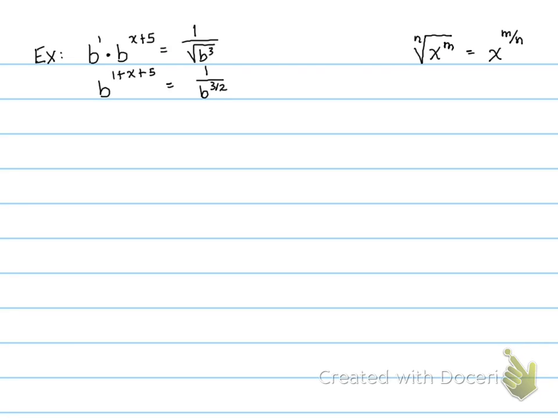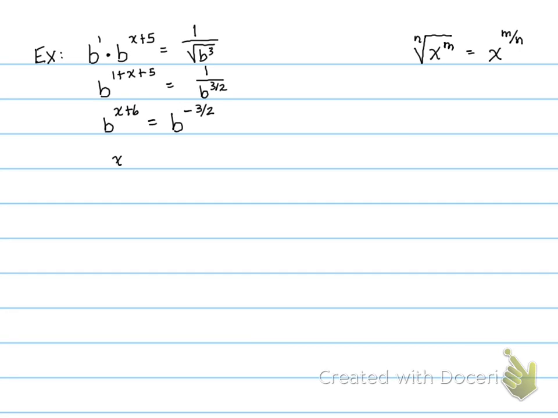And so now we've got b to the x plus 6, just combining like terms there. And then I'm going to flip that right side by changing the sign on my exponent. So that's b to the negative 3/2. And now we have a single exponential expression on both sides. And so we'll set our exponents equal to one another.